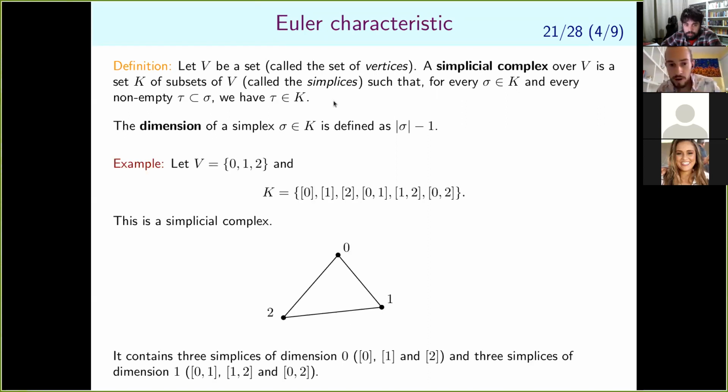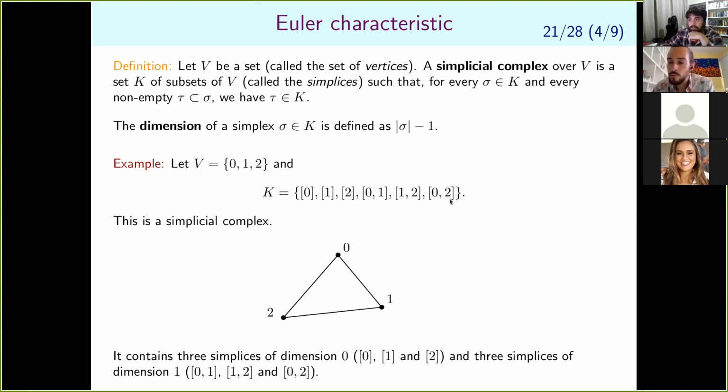So let me give you an example. V is the set that contains 3 elements, and I consider this simplicial complex. All right? You can verify that it is indeed a simplicial complex. The subset of any of its simplices is a simplex.